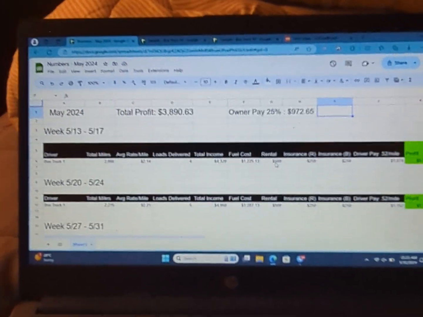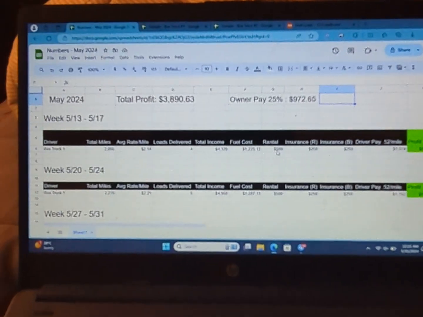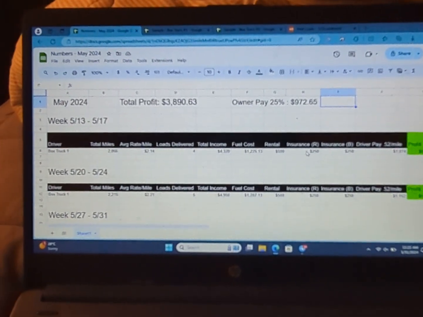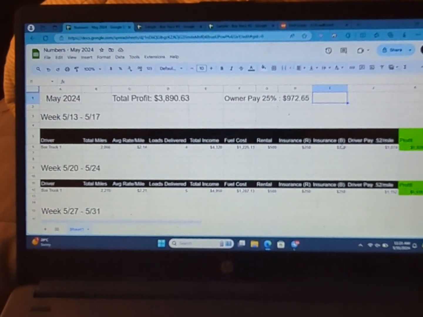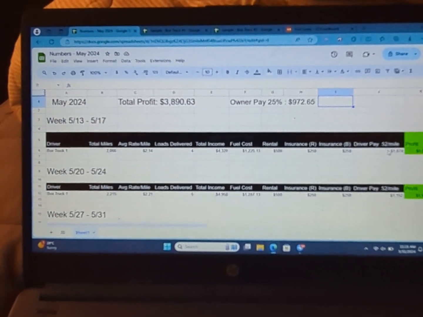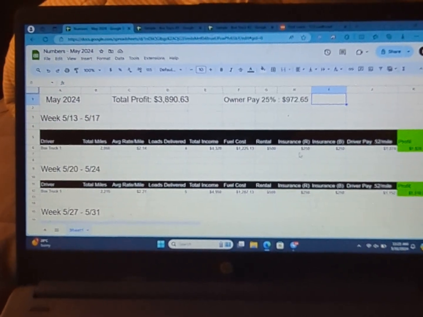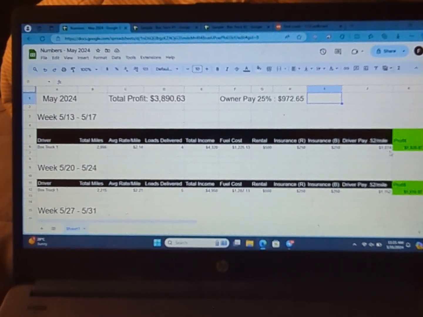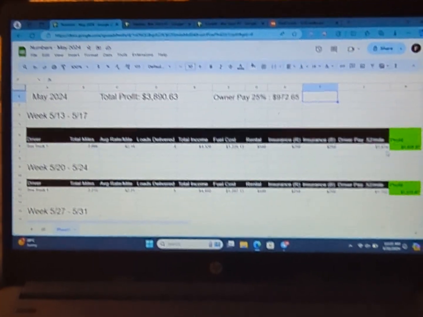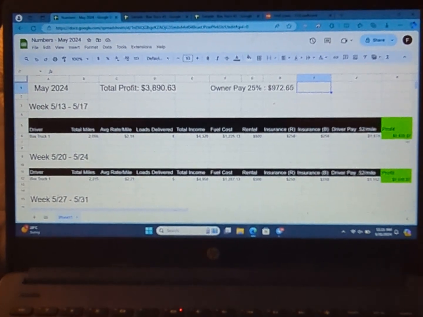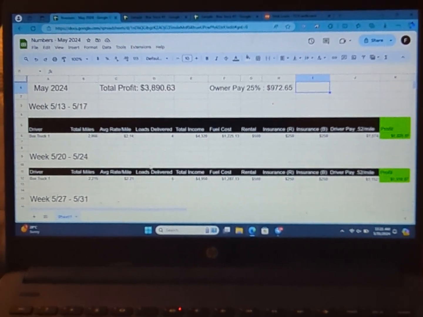Now I just put 500 because I don't know how much the rental cost is going to be, just to play around with the number, right? The insurance for the rental, the insurance for the business, and the driver pay. I say 52 cents a mile. If the income is 4,320 and I pay my driver 1,074, that seems right to me. I could be wrong. If I'm wrong, please correct me. So the profit for that week was $1,020.87.